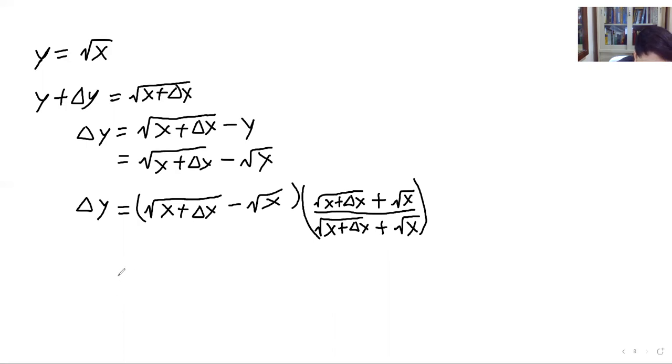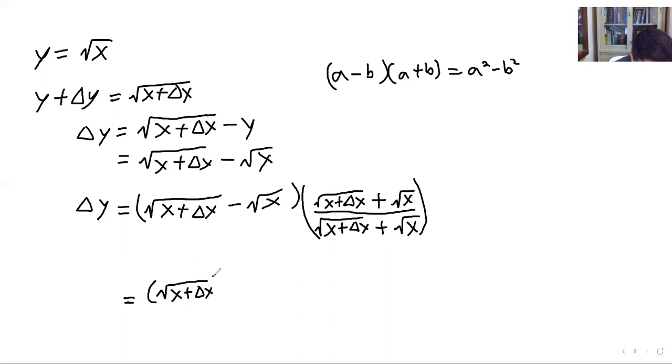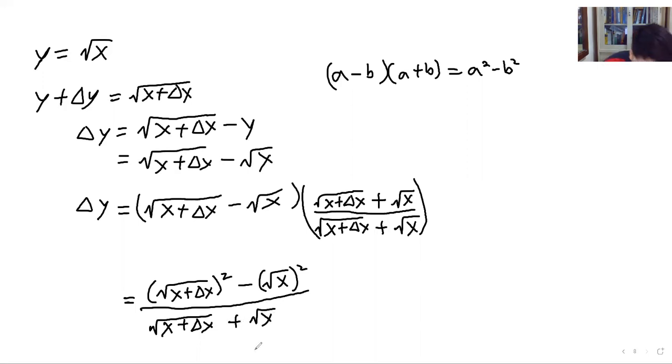So here, there's a minus b times a plus b. For those who don't know, that's equal to a squared minus b squared. So here we're going to do x plus delta x squared minus square root of x squared. We all know that's just x. I'll still do that later. So this is all over square root of x plus delta x plus square root of x.